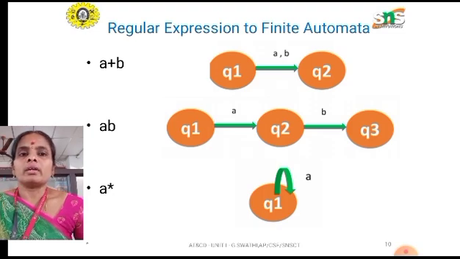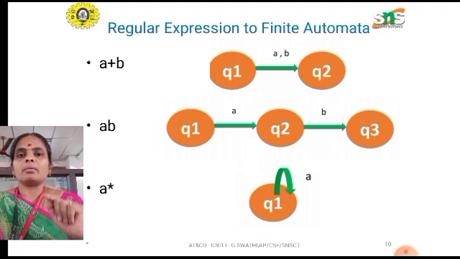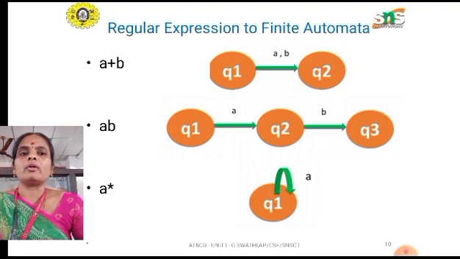So we are giving one start state as Q1 and one final state Q2. This is the basic thing. And here the transition is termed as A can occur or B can occur. That is why the transition is depicted with a green arrow, on which we are going to mark A comma B. A comma B states that either A can occur or B can occur.